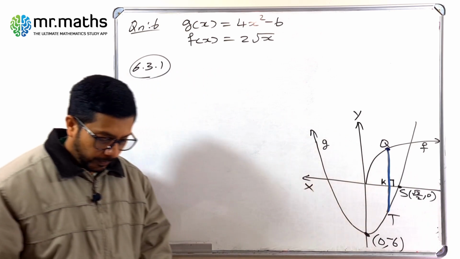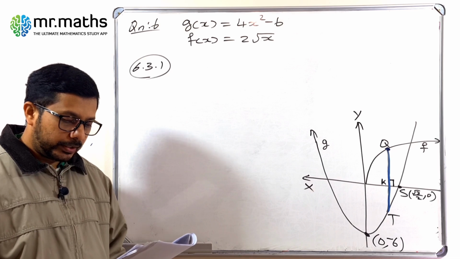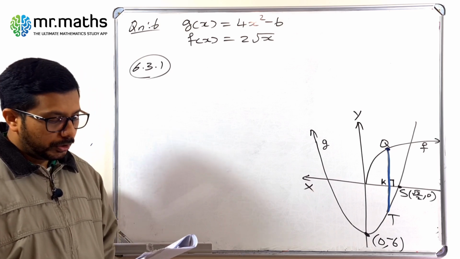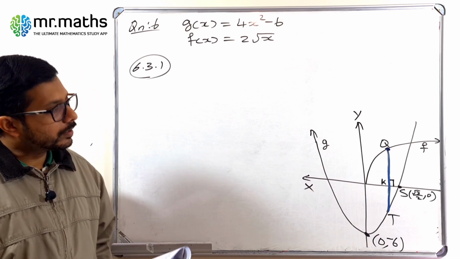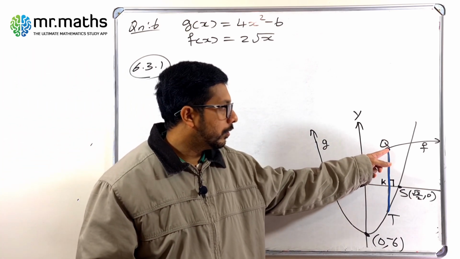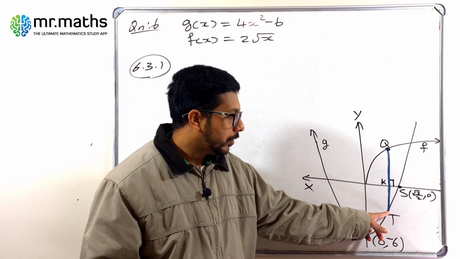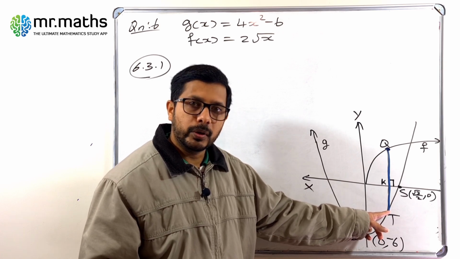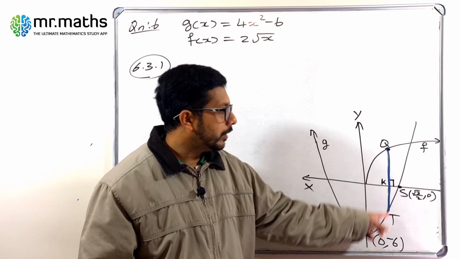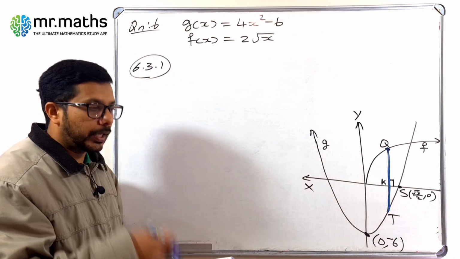Now how can you find the length of QKT? Where does Q lie? Q lies here on this f of x graph, and T lies here on this g of x parabola graph. K is also a point.